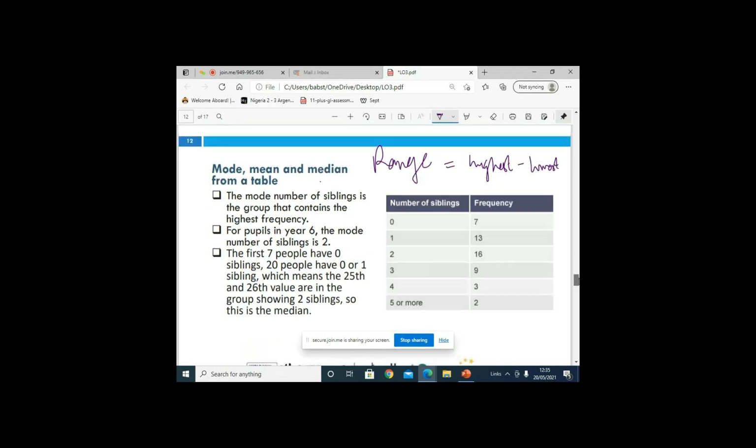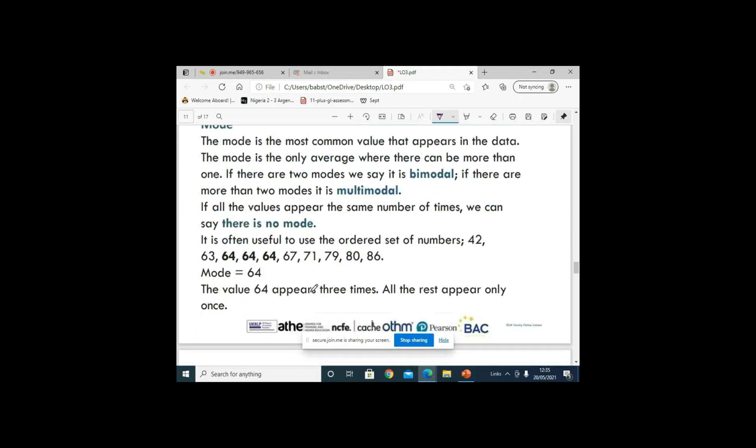Let's go back to this top one. If you want to find out the range, what's going to be the range of this data? The highest is 86 years and the lowest is 42.